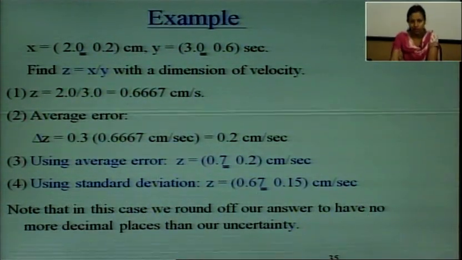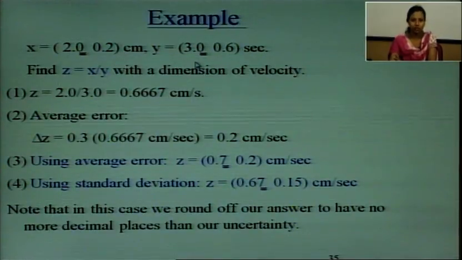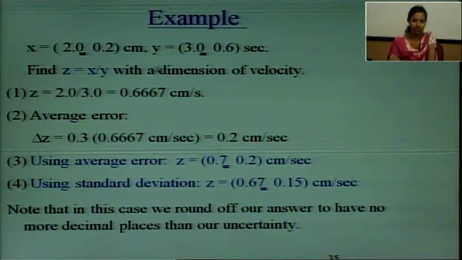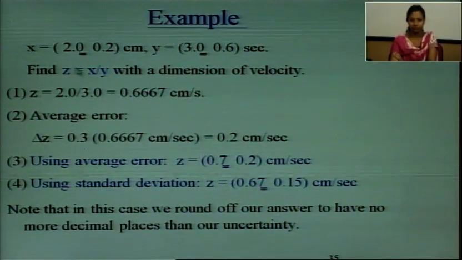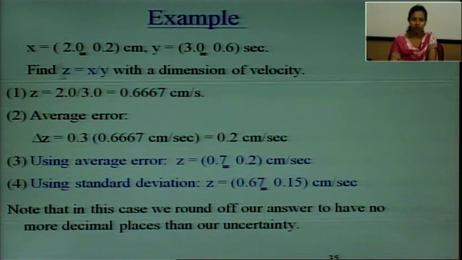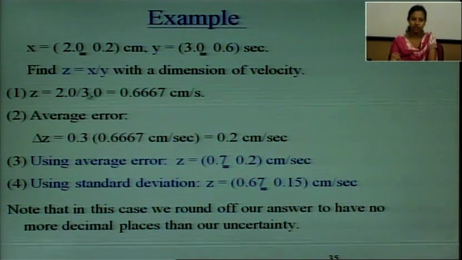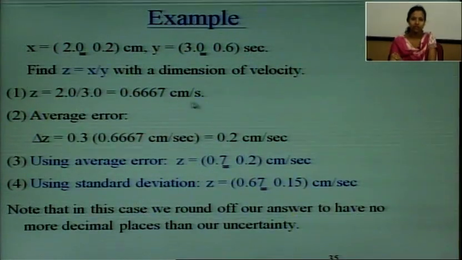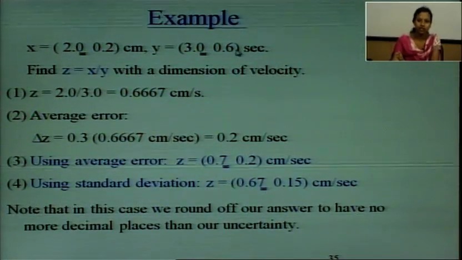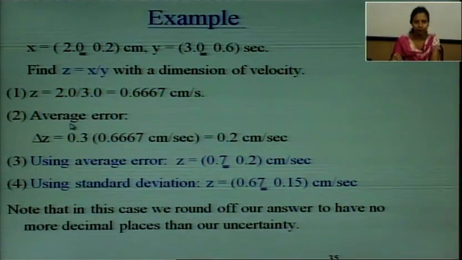Next numerical is related with the division of these two quantities. X is equal to 2 plus minus 0.2, y is 3 plus minus 0.6. So the physical quantity Z is related with x and y, with Z equal to x upon y. X is equal to 2 and y central value is 3. So Z is equal to 0.6667 centimeter per second. Here it is also up to 1 decimal.